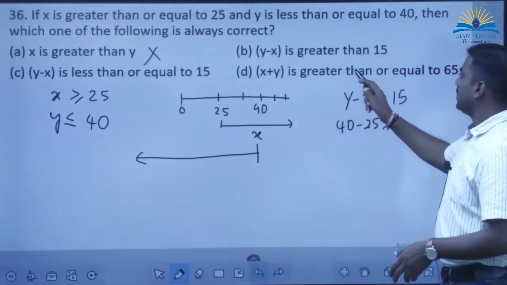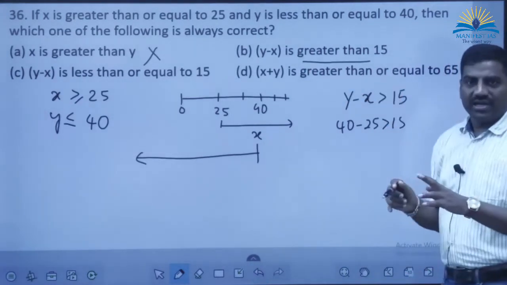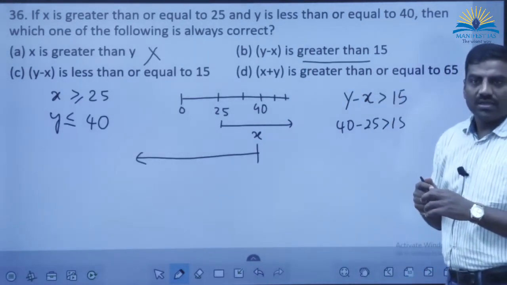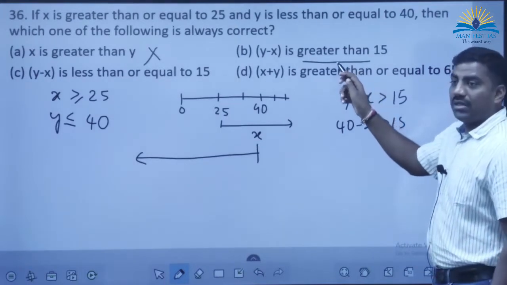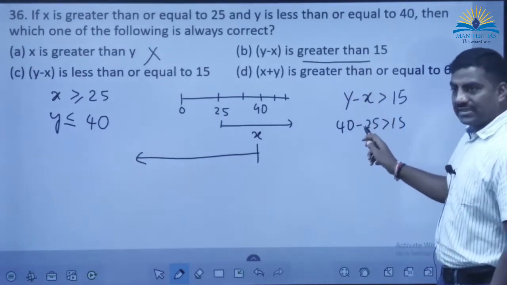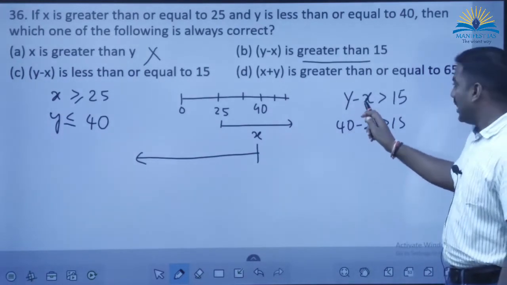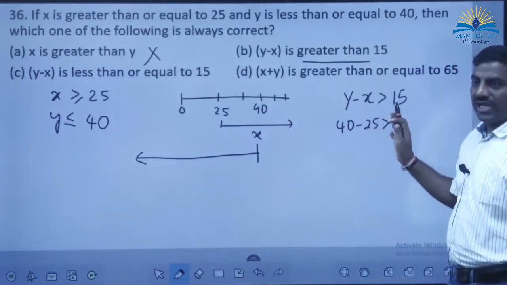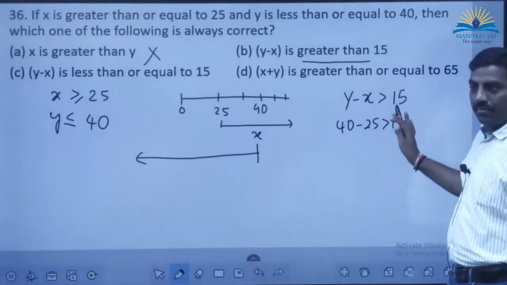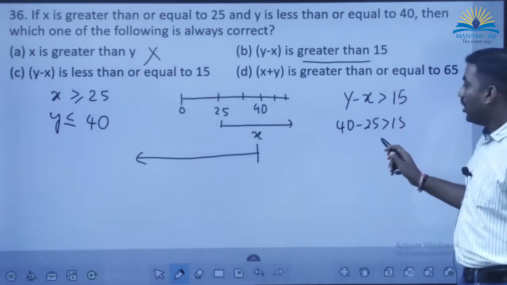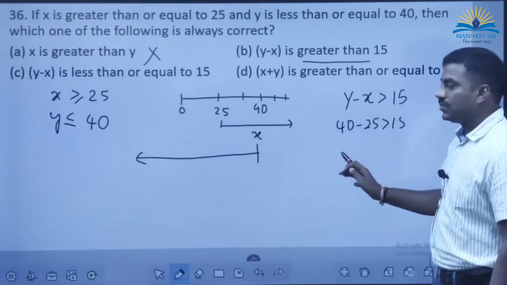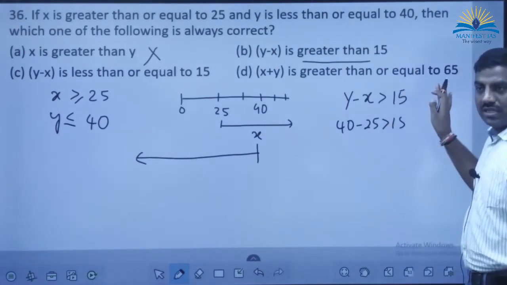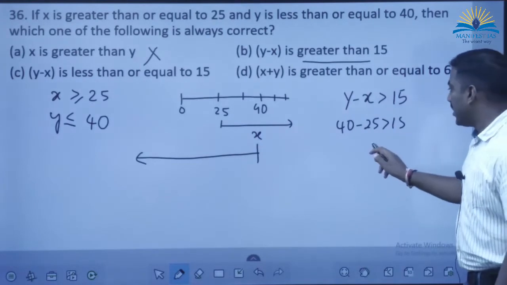Y minus x is greater than 15. They are giving greater than, right? Yes or no? And they are telling, is it always? We checked only one case. Best value of y and the worst value of x. It is okay, but it is not the end of it. Assume the best value for x. It can be anything, no? X. Let's say 100.